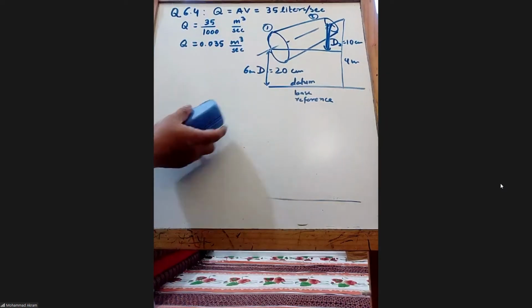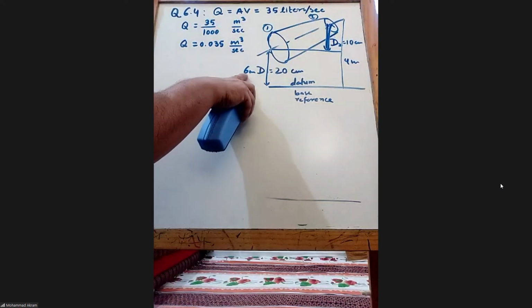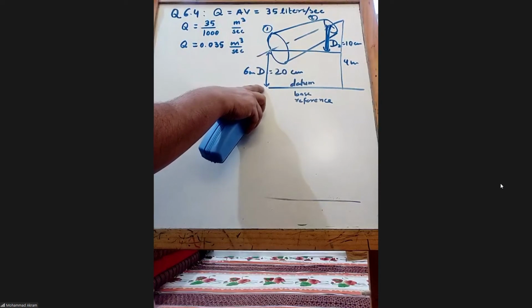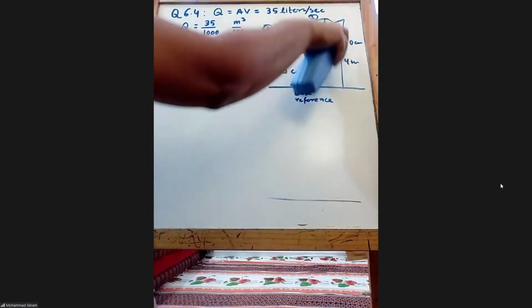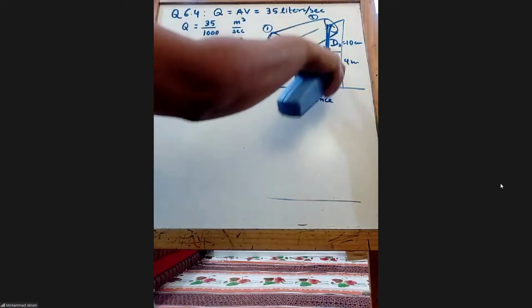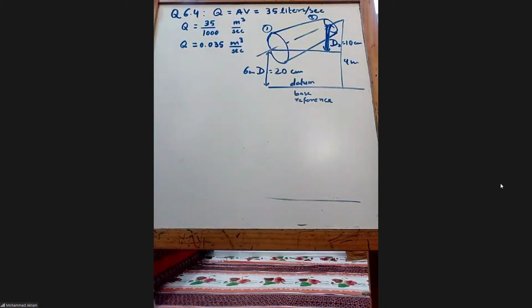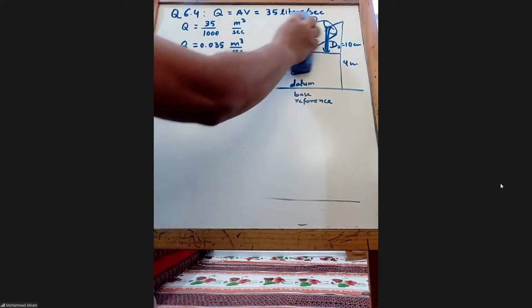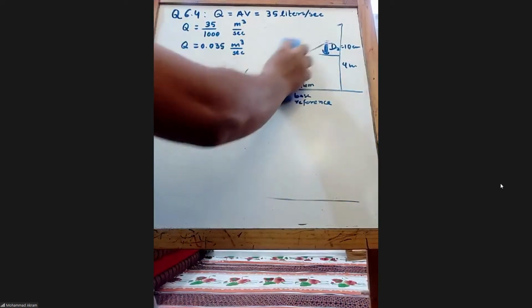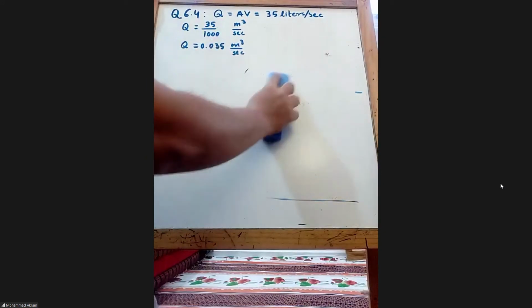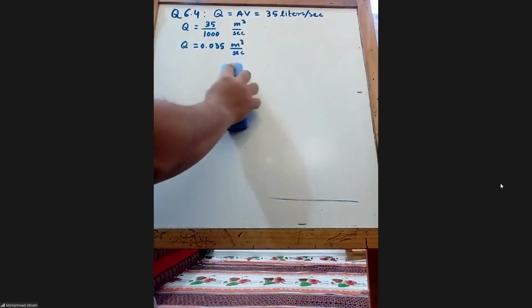Okay, so I will update this. It is given that it is 6 meter from the base at section 1, and the second section is 4 meter from the datum. So it should be in the opposite direction. Section 1 is at high level.